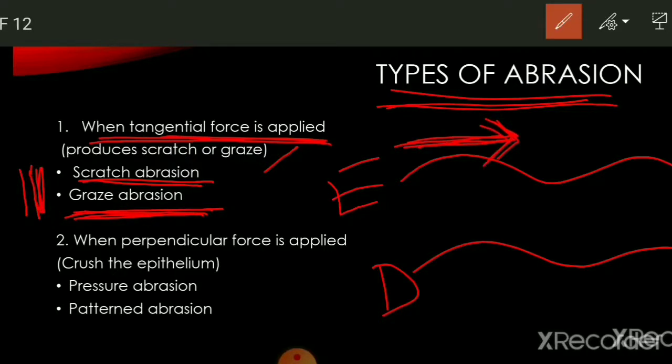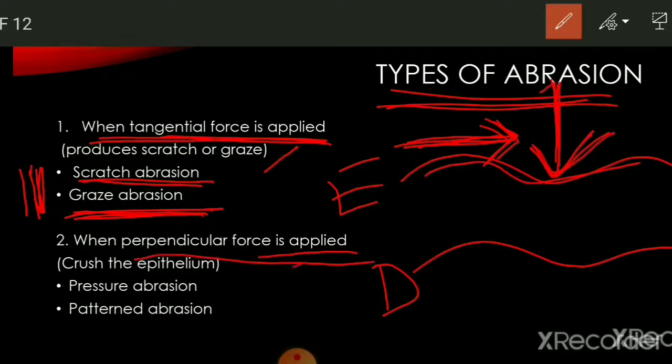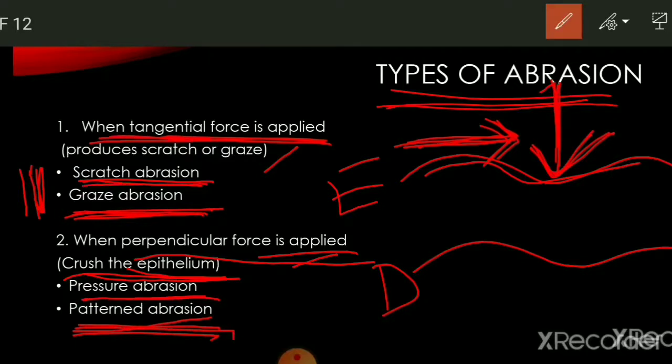There can also be a perpendicular force. If the force is like this, perpendicular to the epidermis, it will crush the epithelium. This crushing effect will produce two types of abrasion: pressure abrasion and pattern abrasion.